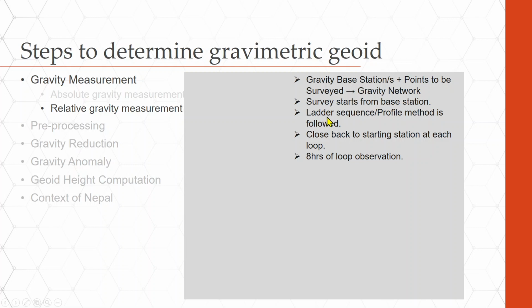Then we follow a ladder sequence or a profile method to survey each gravity station, and we always come back to the starting station and close the observation at each loop, and we try to constrain ourselves within 8 hours to complete a gravity survey for a single loop.